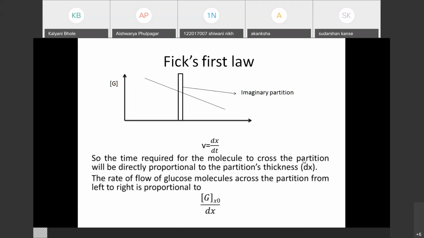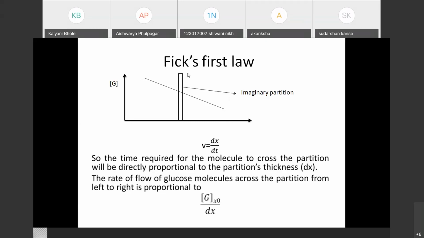So we want to study this scenario. Along this y-axis is the concentration of the glucose, and along the x-axis is the spread, or the distance it travels.